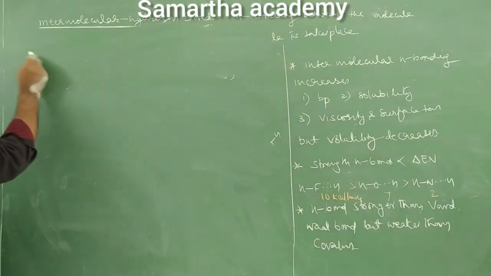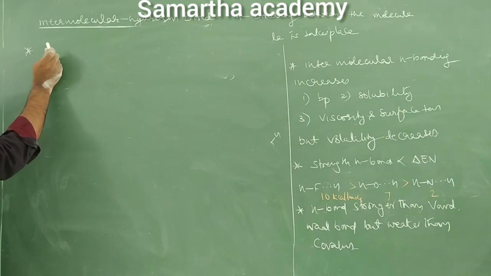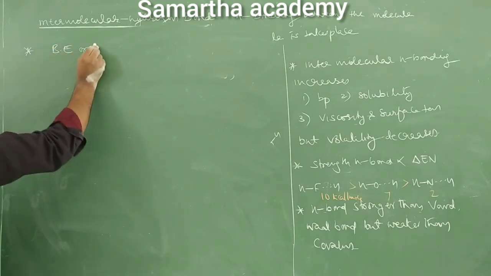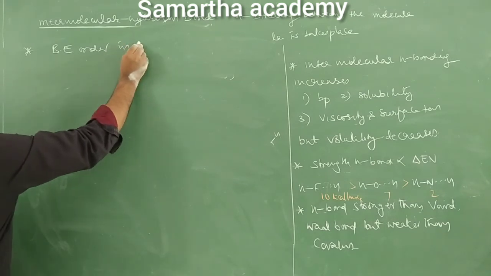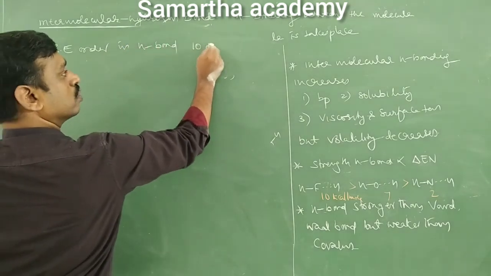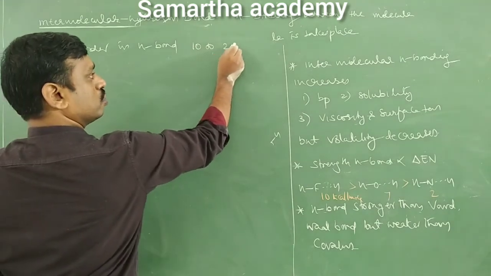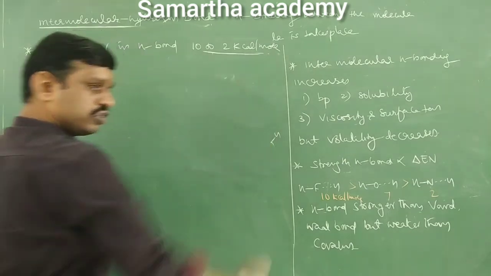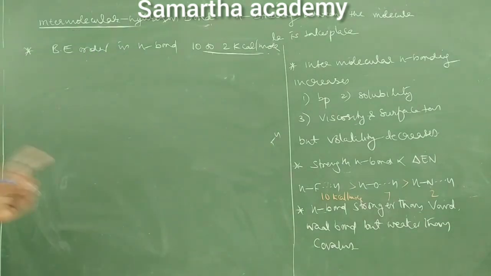Therefore, next point, bond energy order in hydrogen bond is 10 to 2 kilocalories per mole. It is a range, 10 to 2. 10 is maximum, 2 is minimum.